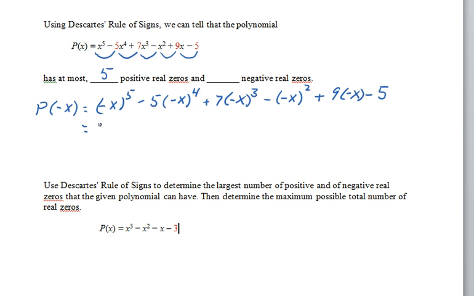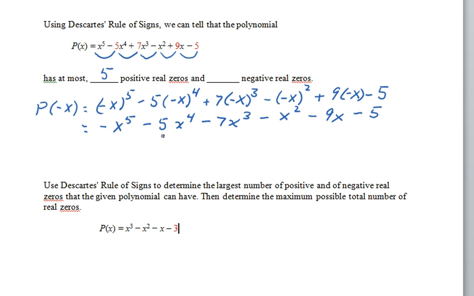So we'll have the opposite of x to the fifth minus 5x to the fourth minus 7x cubed minus x squared minus 9x minus 5.